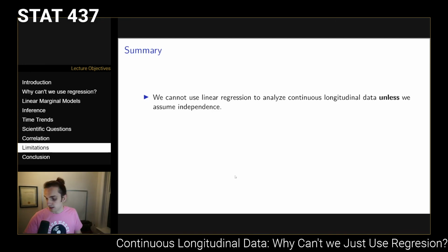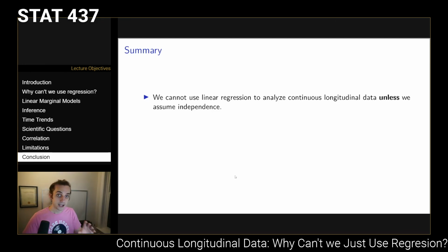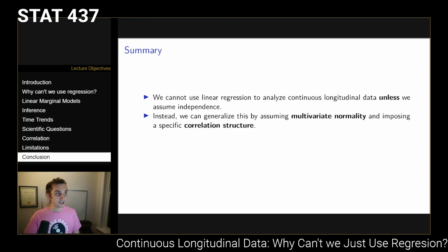So in summary, we can't use linear regression to analyze continuous longitudinal data unless we're willing to assume independence. So instead, we assume multivariate normality, and we just impose a correlation structure on our data, and then we can use maximum likelihood estimation to get the parameter estimates.